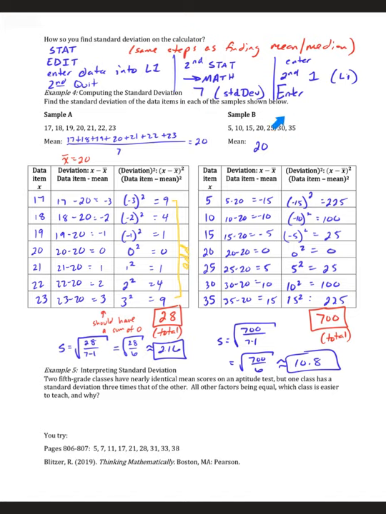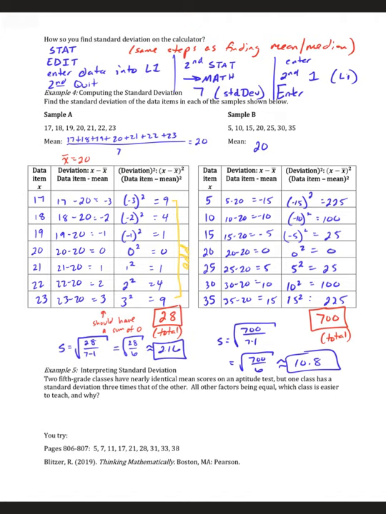So sample B has a range of about 25, which means those data items are spread over many different values. Whereas in sample A, if you do 23 minus 17, it's only 6. So these values are packed closely together, which is giving a much smaller standard deviation, whereas in sample B, the values are spread out a lot more, which is giving a larger standard deviation.